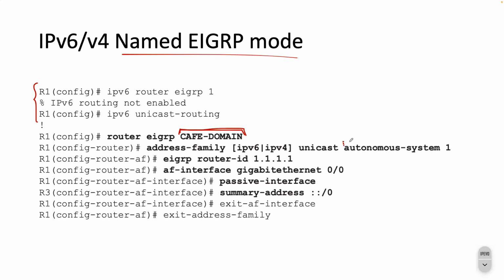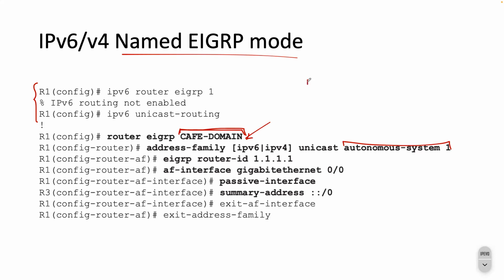Here you need to define your autonomous system. If you compare it with classic mode, we were defining our ASN number in the first command itself, but in named mode we can define it at a later stage.